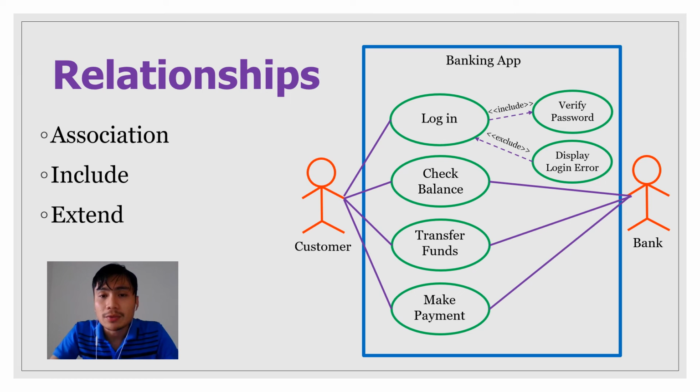For the login one, you can see that we have include, where the arrow is pointing to the second use case, and then the extend, where the arrow is pointing from the second use case to the base use case, right?